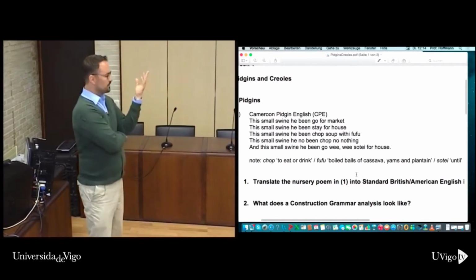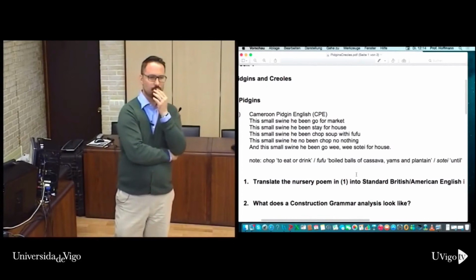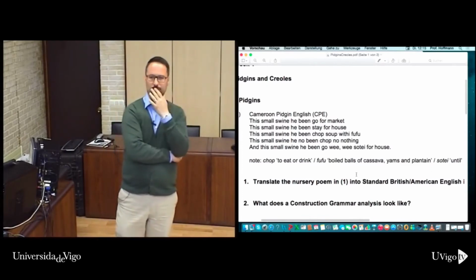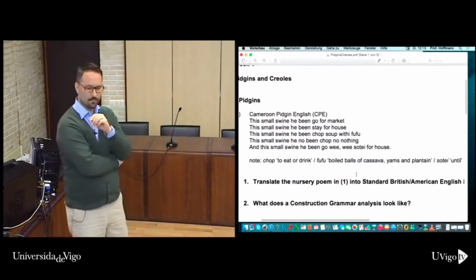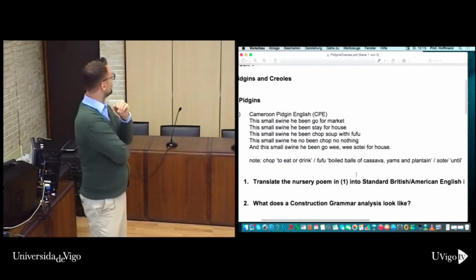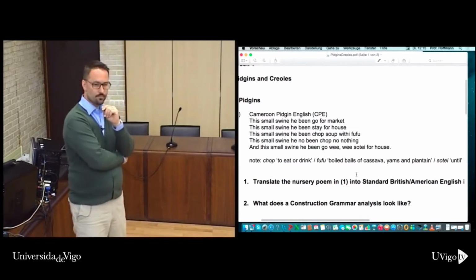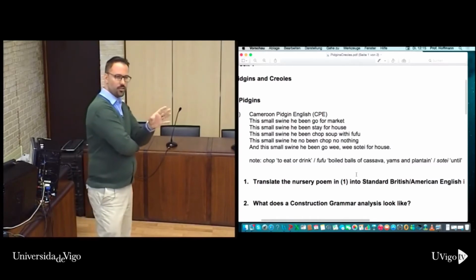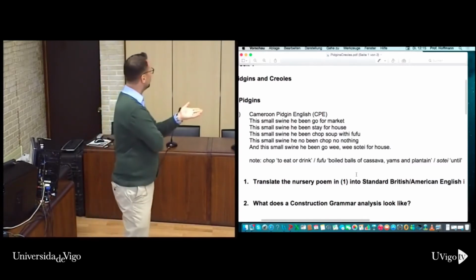What's the most noticeable difference linguistically if we go beyond lexis? How tense is represented with been instead of went, right? So we get a simplification. That's something we expect for Pidgins.